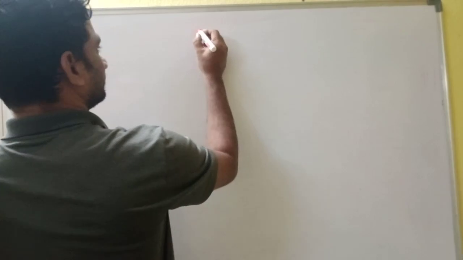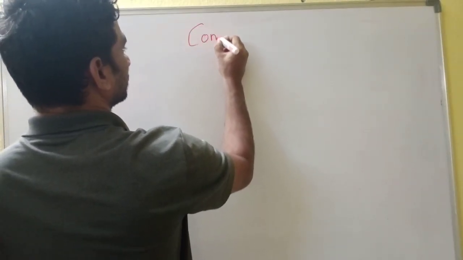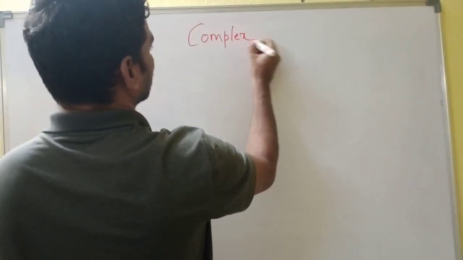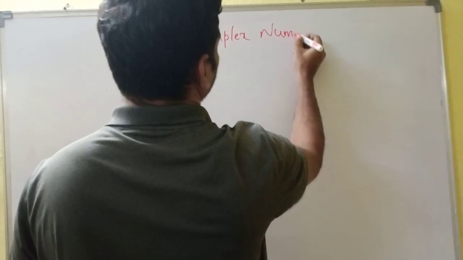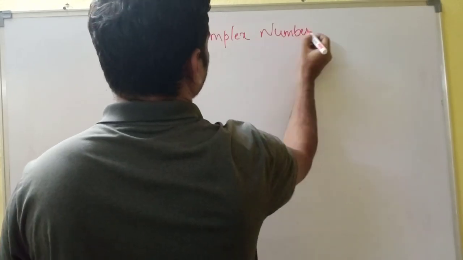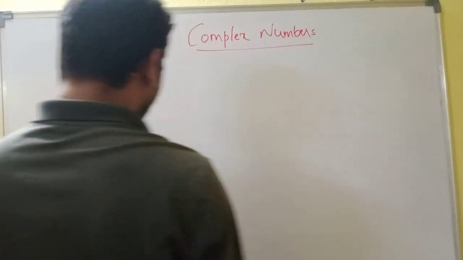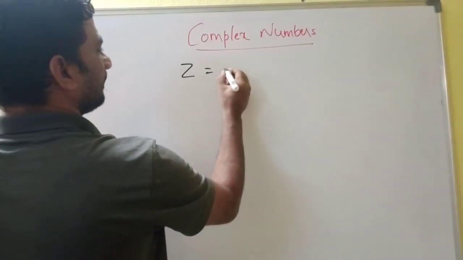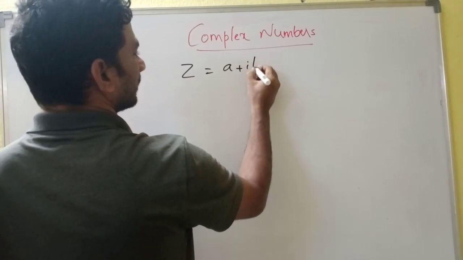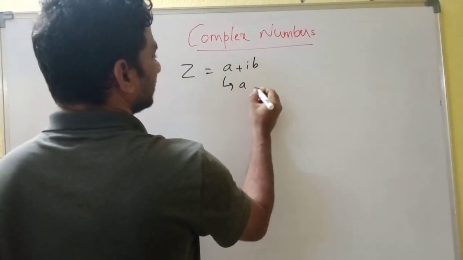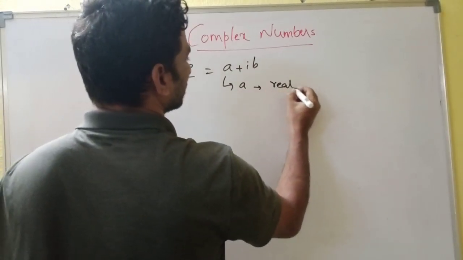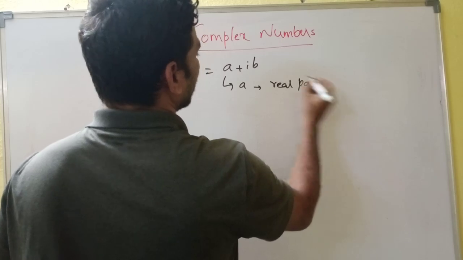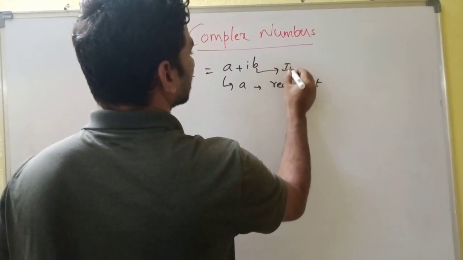Complex numbers. As I said in my previous video, a complex number is denoted as z equals a plus ib. Here a is the real part and b is the imaginary part.